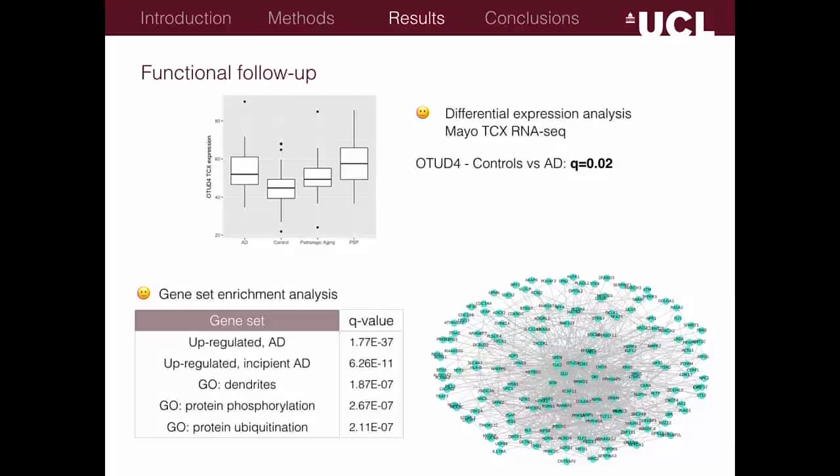Also, we performed gene set enrichment analysis for the clustering gene, OTUD4, and their first neighbors in the interaction network that you can see depicted in the figure. And we found significantly strong enrichments for gene ontology terms and gene sets closely related to Alzheimer's disease pathophysiology.